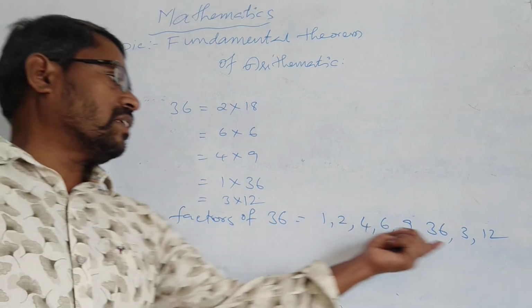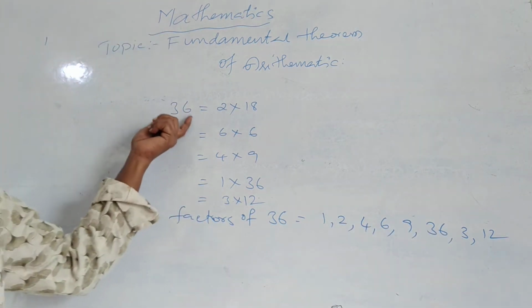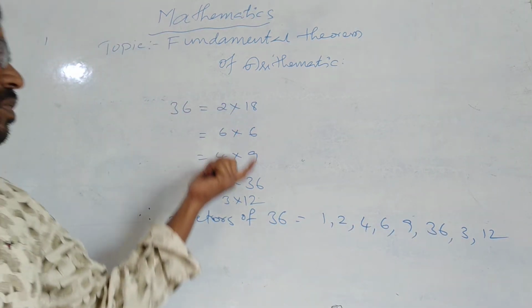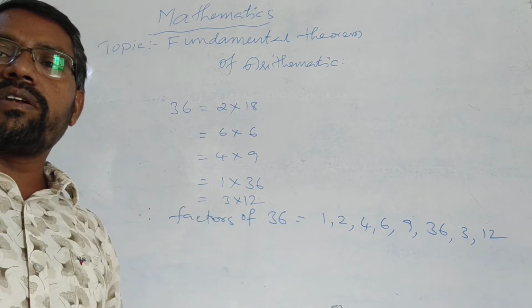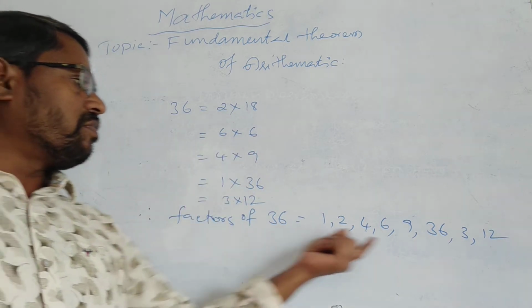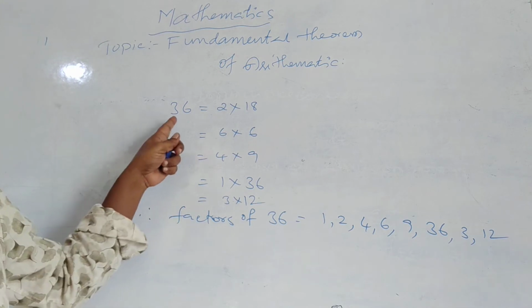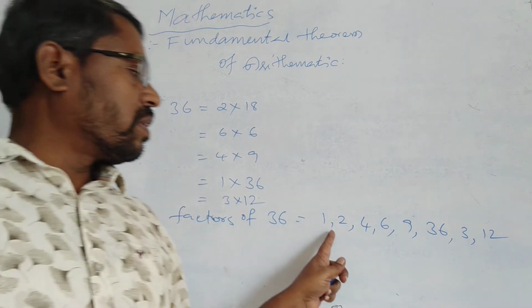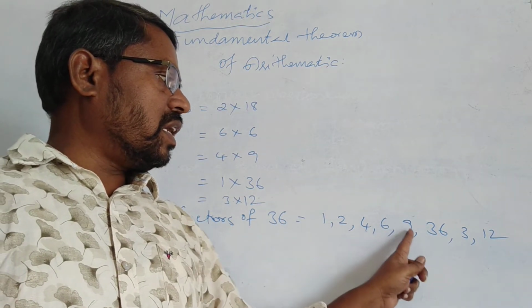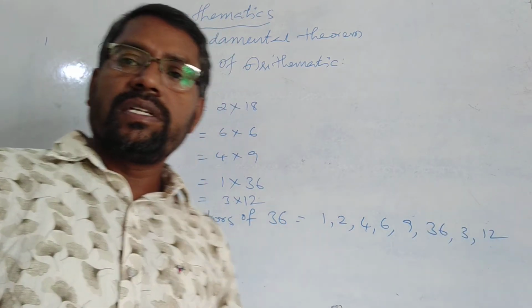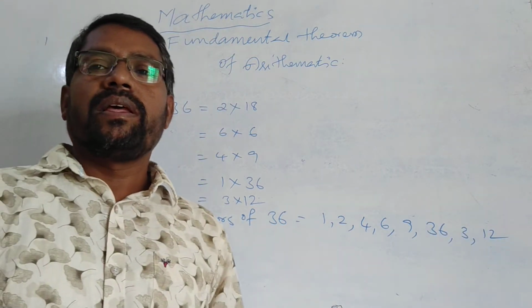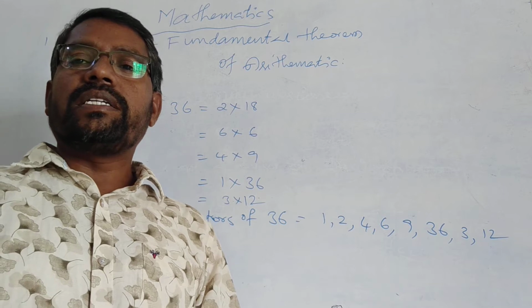These are the factors of 36. So 36 may be expressed in the form of many other numbers as a product, and these are called factors. And vice versa, 36 is a multiple of 1, 2, 4, 6, 9, 36, 3 and 12 also.